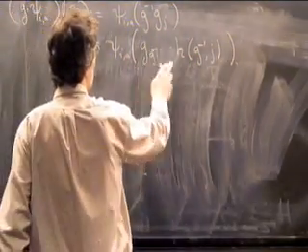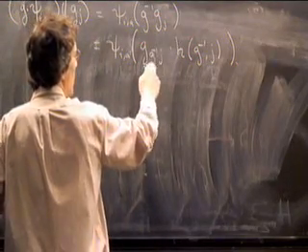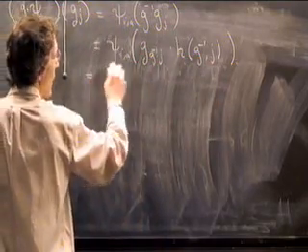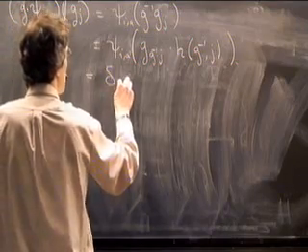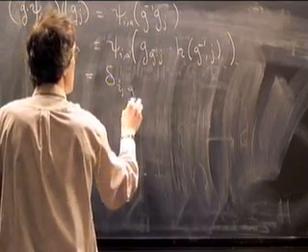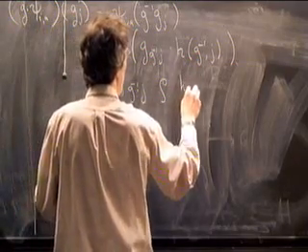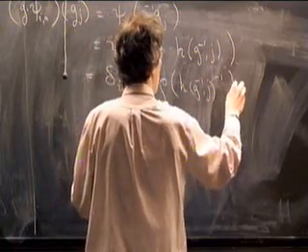Now I have equivariance. So this is, first of all, delta_(i, g inverse dot j), and then rho of h of g inverse comma j, inverse, dot V_A.